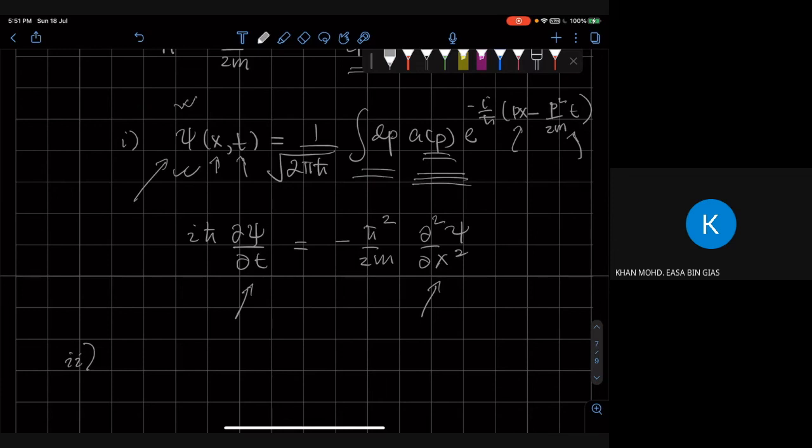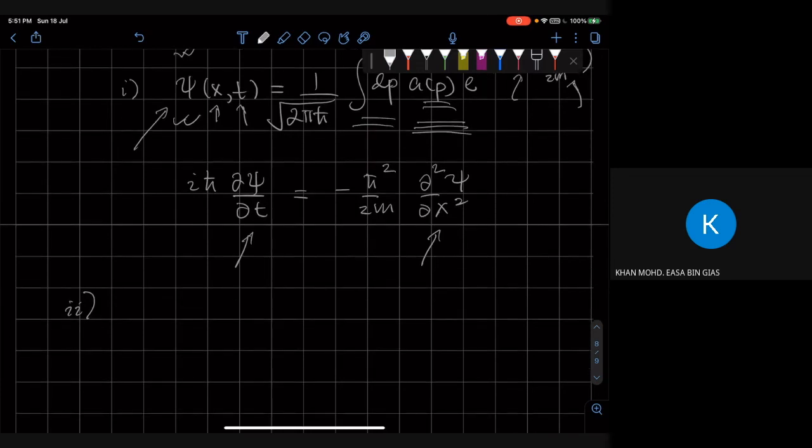Whenever we have a function f of x, and we express it as a Fourier transform, well, I'm just not going to use an h bar here, but in general, the Fourier transform is with respect to something called k, and there's a square root. That's my convention. And you have A of k e to the power minus i kx.